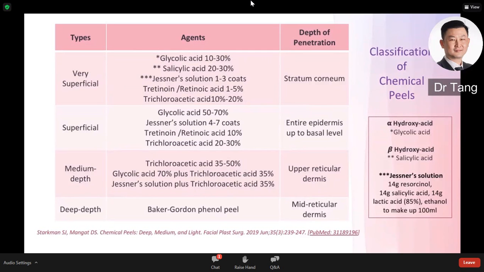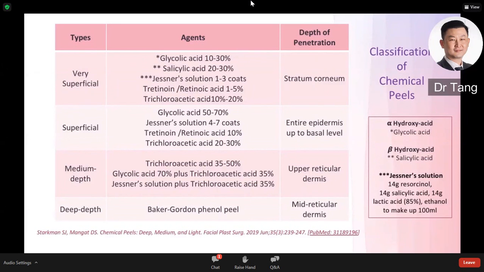And the third group will be medium depth peel. Examples of chemical agents that group under this category are trichloroacetic acid 35 to 50%, glycolic acid 70% plus trichloroacetic acid 35%, and Jessner solution plus trichloroacetic acid 35%. Medium depth peel will penetrate up to the upper reticular dermis.